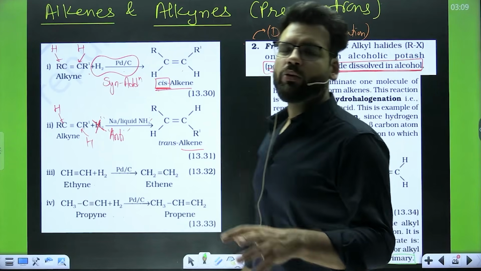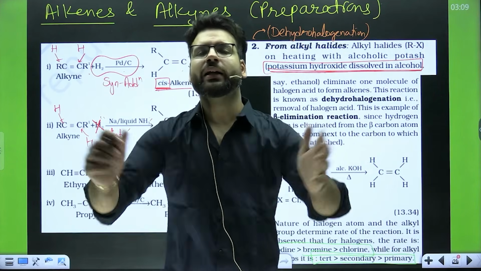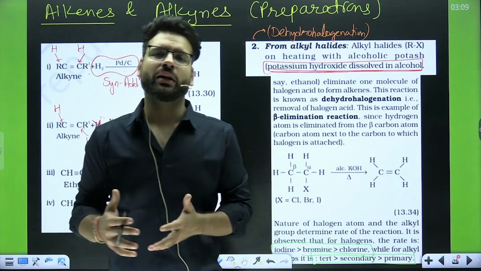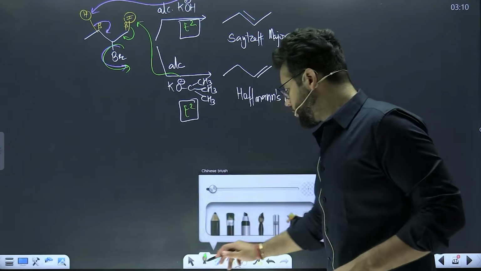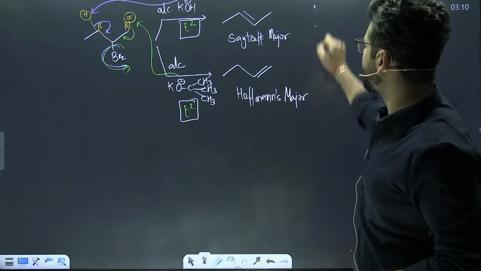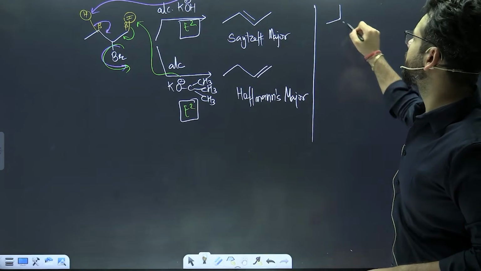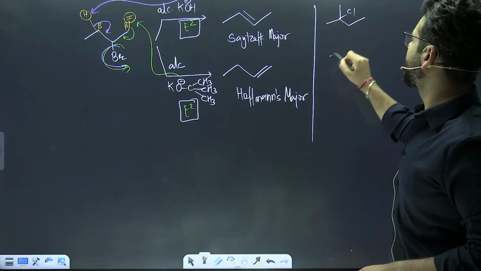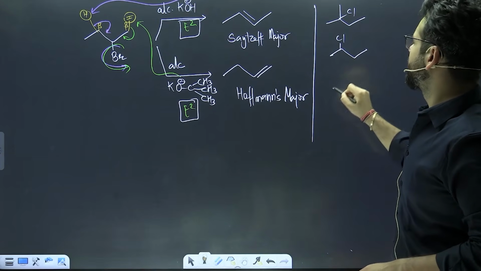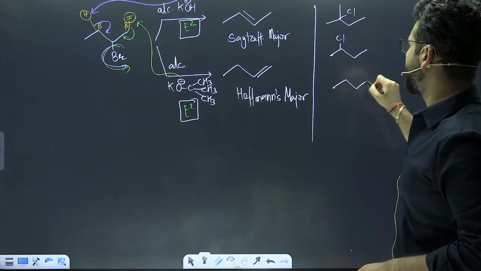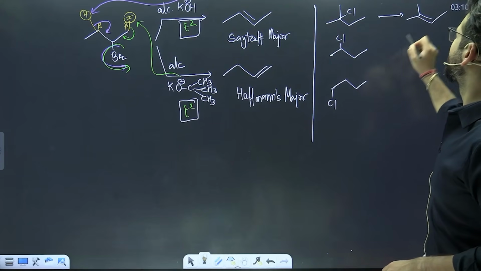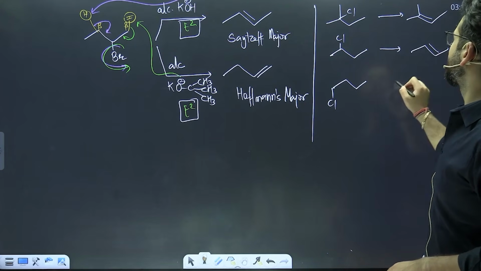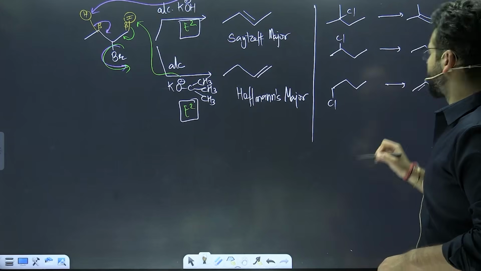Okay, the E2 mechanism is best with the tertiary alkyl halides because tertiary halides will give you a much more substituted alkene than a primary one. So if I take a tertiary alkyl halide like this, a secondary alkyl halide like this, and a primary alkyl halide like this, they are going to give us this alkene, this alkene, and this alkene.